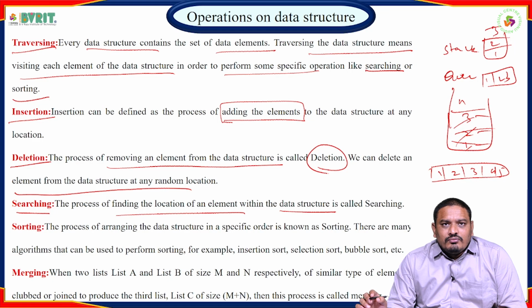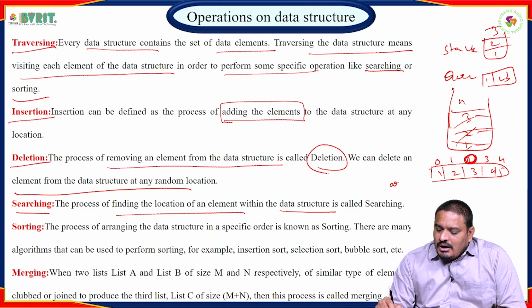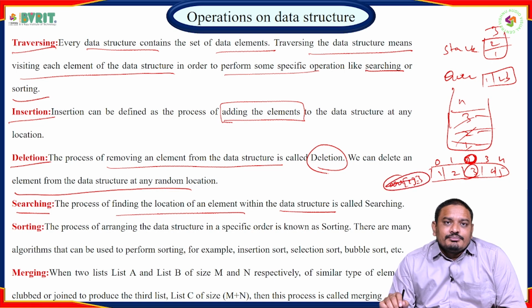The array starts with index 0, 1, 2, 3, 4 like that. We can search an element based on the index. For suppose, array of 2 is 3. So this is the example for searching an element in the arrays concept.